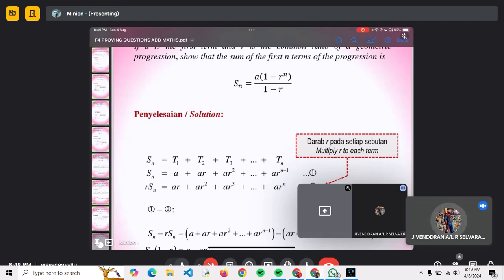Then we times by r, and we'll get rSn equals ar plus ar squared plus ar cubed and so on until ar to the power n. The only difference from the previous proof is that before we did equation 2 minus equation 1, but for this proof we will do equation 1 minus equation 2.